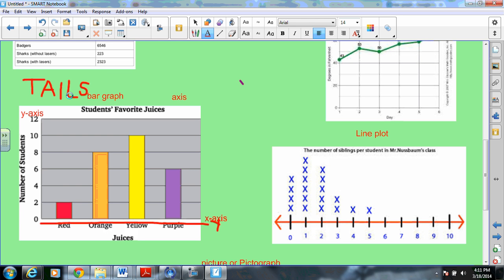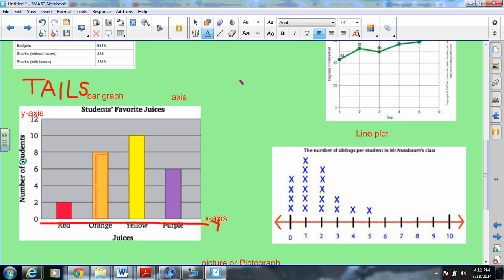T is for title, students' favorite juices. That's the title of this graph. A is for axes. You can't really make a graph like this, a bar graph, without the axes. I is for intervals. It needs to count by something. Even if it's 1, it's still intervals. It's still counting by something.